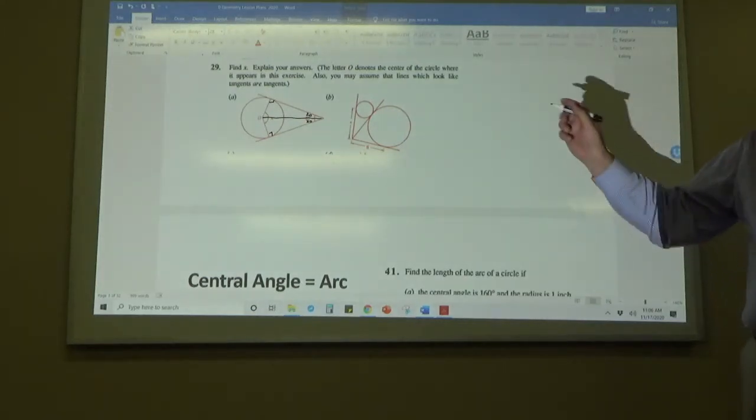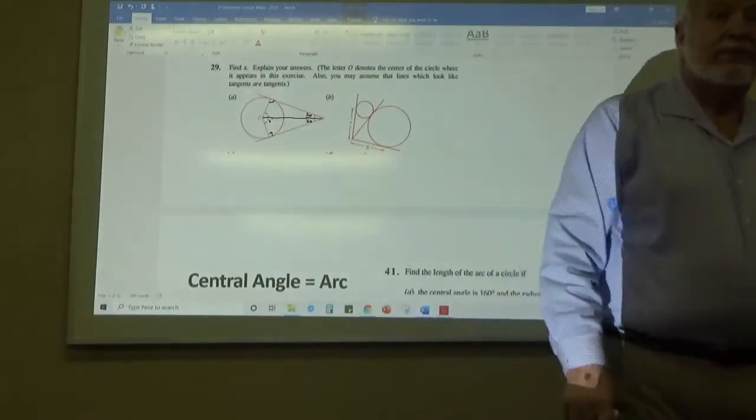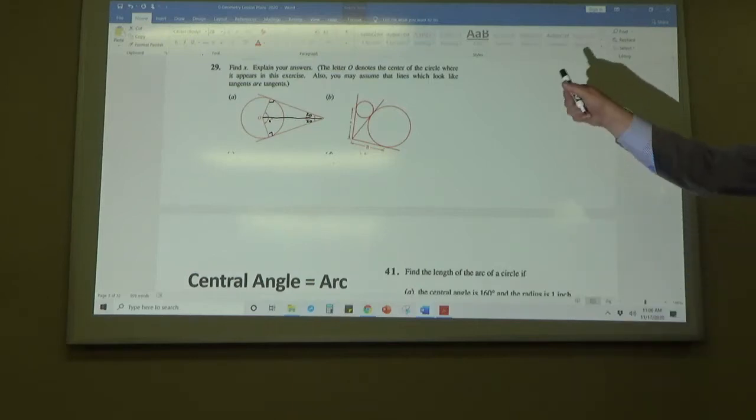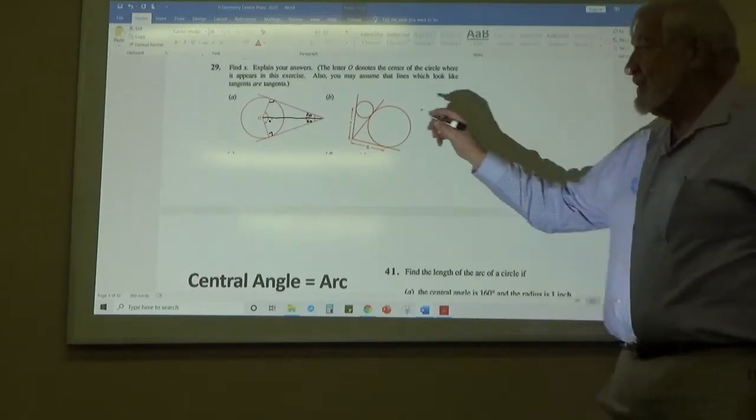Now, how much is the dot? It's a right triangle. If I have a 90 and a 20, how much is left? 70, yes. So that makes this side 70.